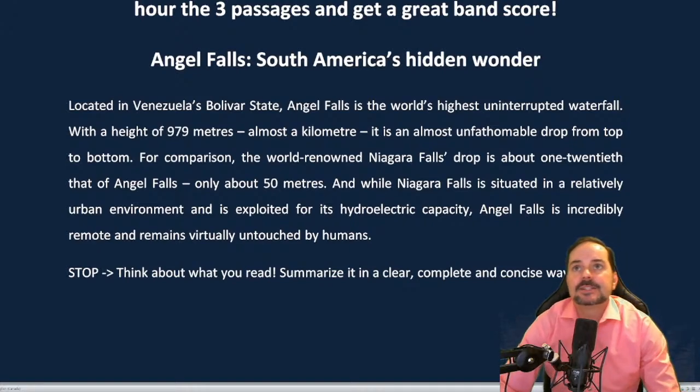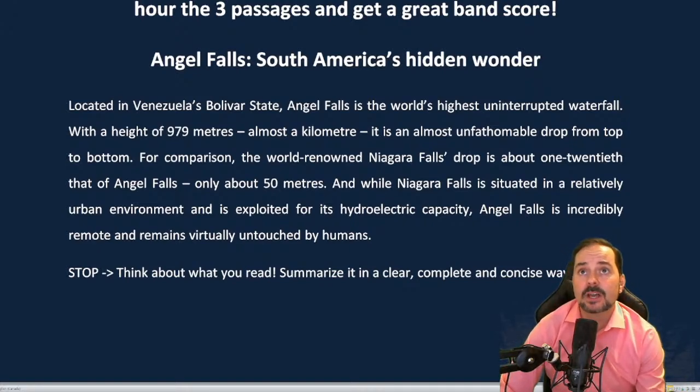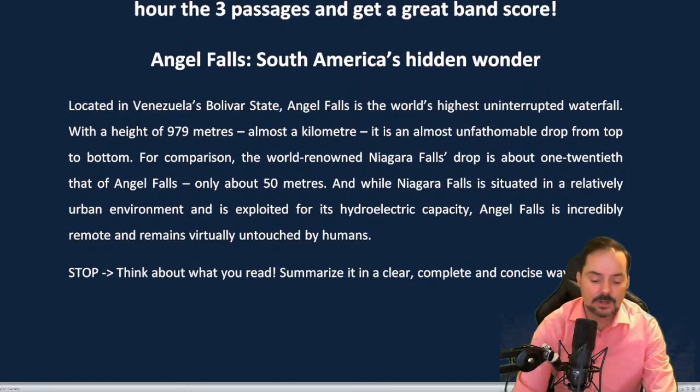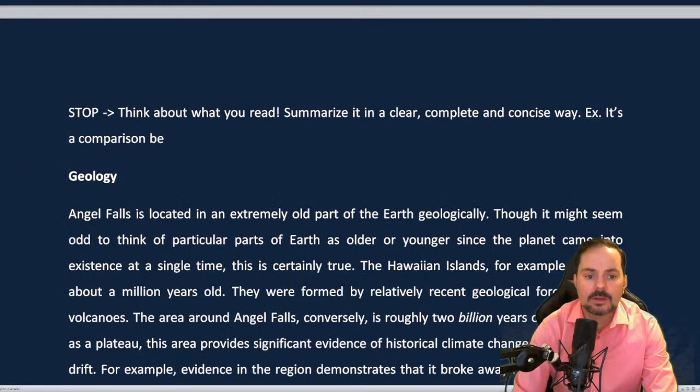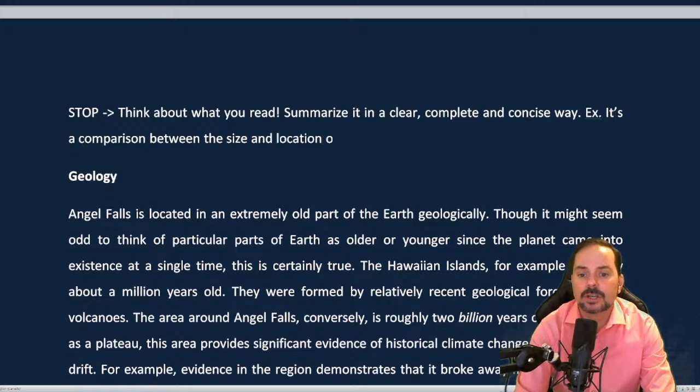So Arda says it's a comparison between Niagara Falls and Angel Falls, specifically their size. So for example, here, it's a comparison between the size and location of Niagara and Angel Falls.